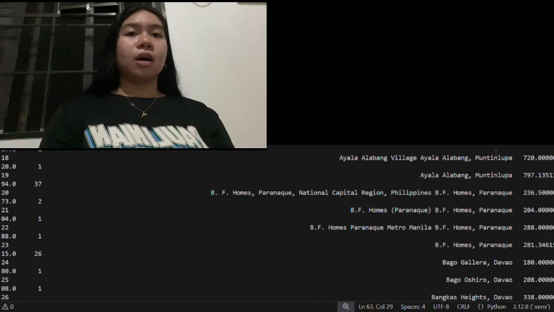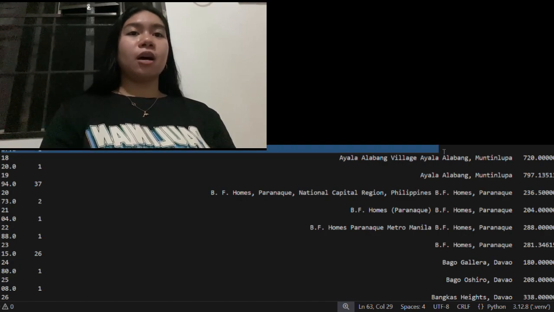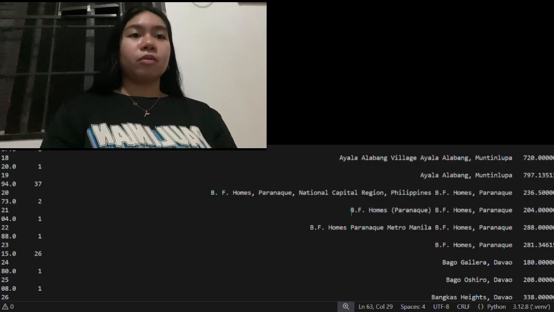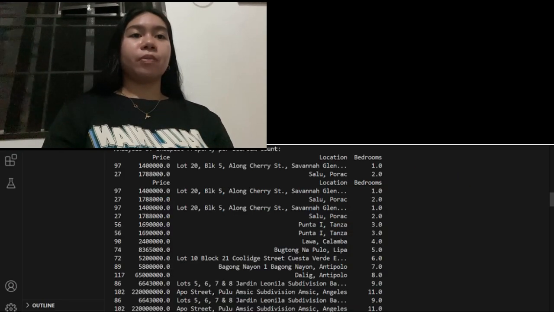Fifth, another thing we observed is that some locations have only one or two listings, but the land areas of those properties are big. We saw that the number of listings in some places is limited, sir, because the available properties are mostly large and premium in terms of lot size.